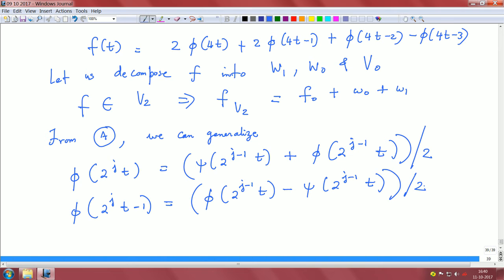This is the generalization. We could visualize it for V0 and V1. So, we can now extend it to arbitrary scale. This is a straightforward generalization.